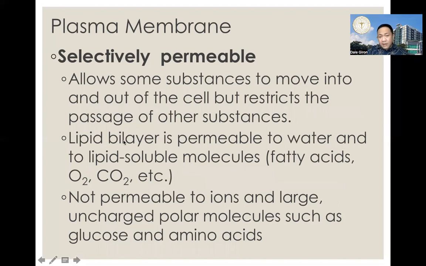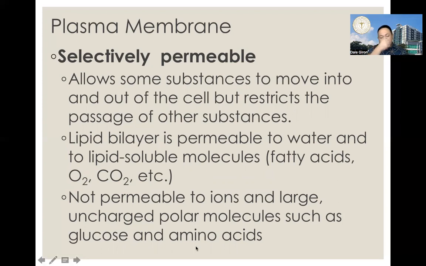The lipid bilayer is only permeable to water and to lipid-soluble molecules such as fatty acids, oxygen, carbon dioxide, and other soluble substances or molecules. They are not permeable to ions and large uncharged polar molecules such as glucose and amino acids.